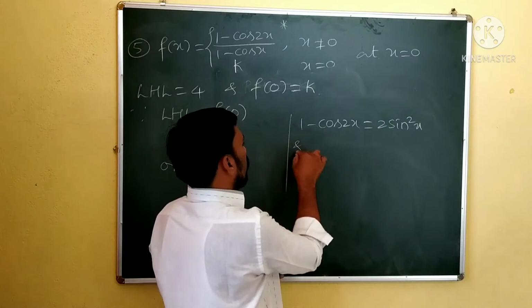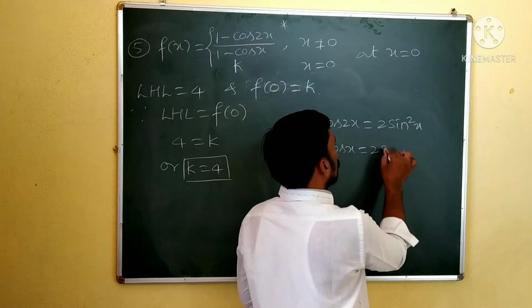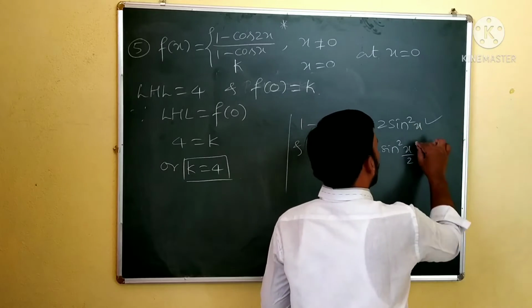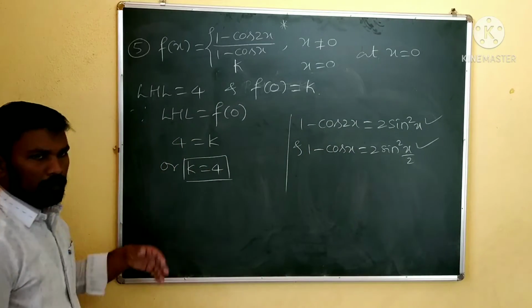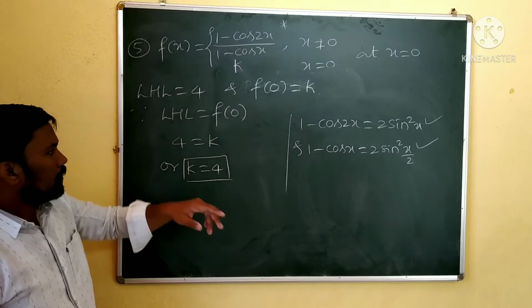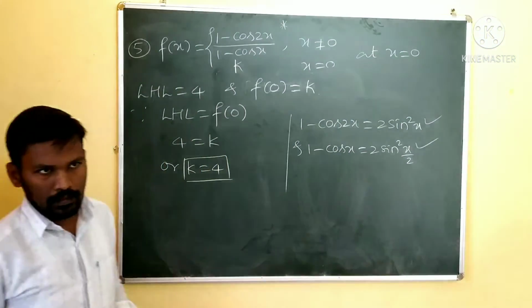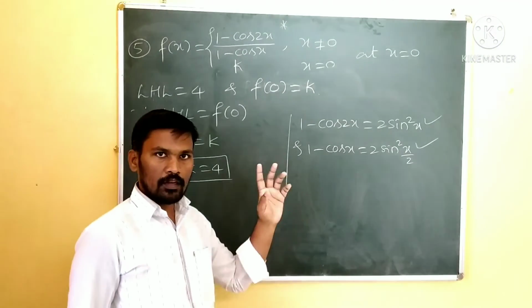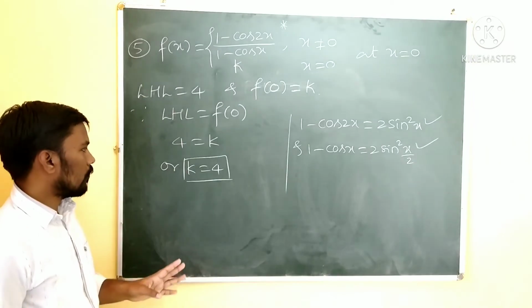And another one, the half angle formula: 1 minus cos x is 2 into sin square (x by 2). Making use of these two formulae and simplifying, we will get sin square x by sin square (x by 2). Multiply and divide by x square in the numerator, and similarly multiply and divide by (x by 2) whole square in the denominator. Then apply the limit. We will have the left hand limit value as 4.